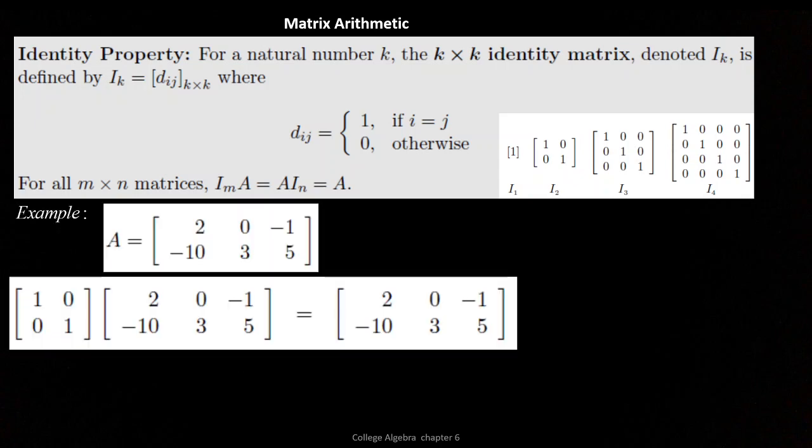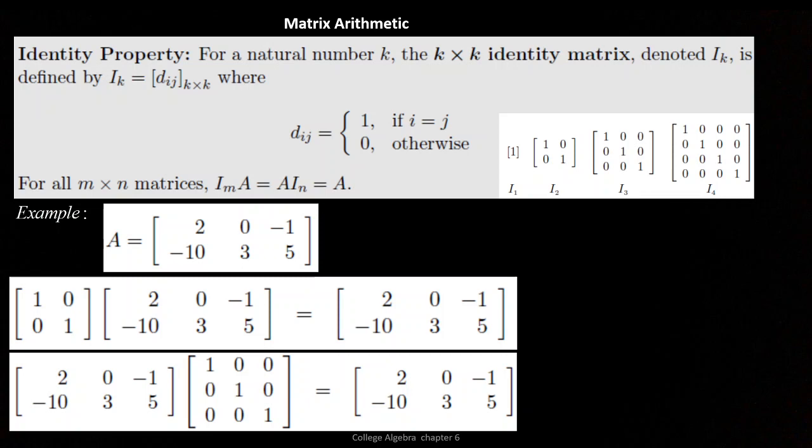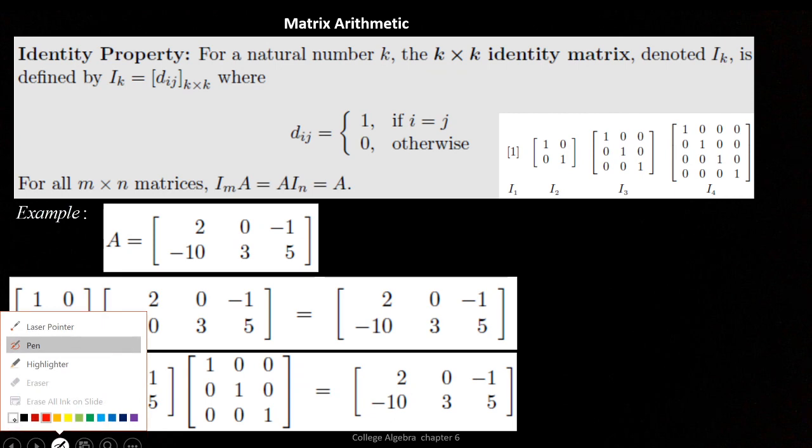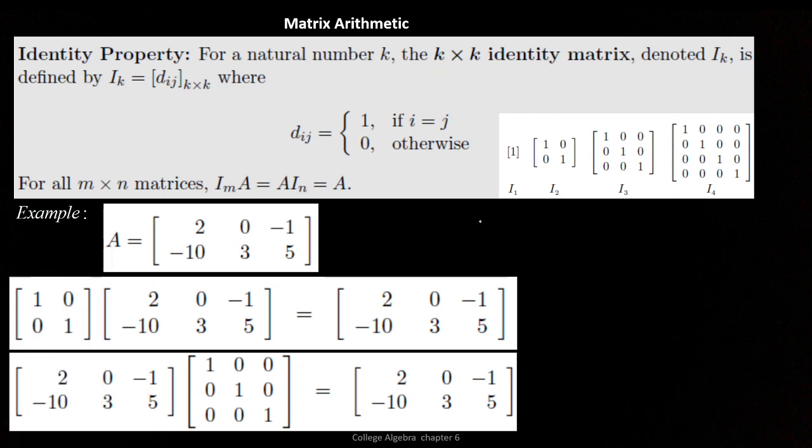All right, now with matrices, we also have to talk about something called identity matrix. What is that? Well, identity matrix is like 1 in arithmetic. 1 times any number is what? The number itself. Now, can we have a matrix that you can multiply by another matrix and doesn't change it?